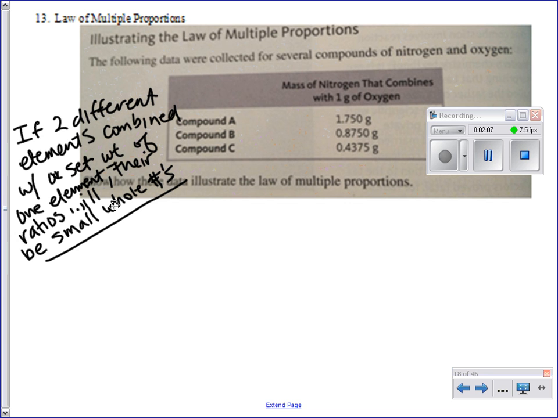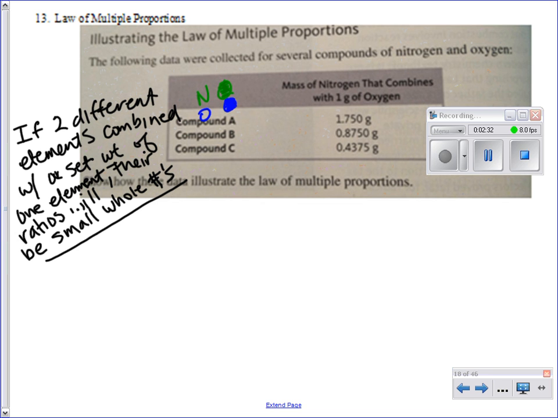So the first thing I want you to do is look at the table. We're going to demonstrate this whole number ratio thing through the use of this data. In this case, each compound is composed of nitrogen and oxygen, okay? I'm going to make nitrogen green and oxygen blue.